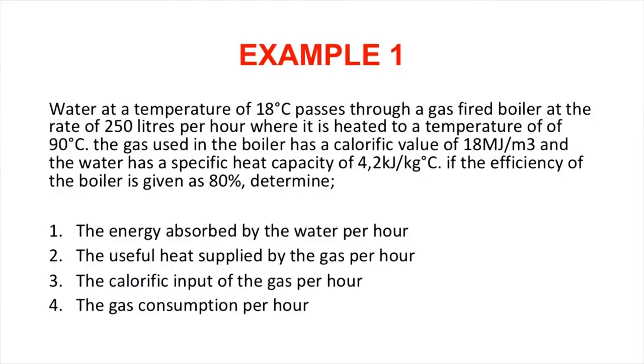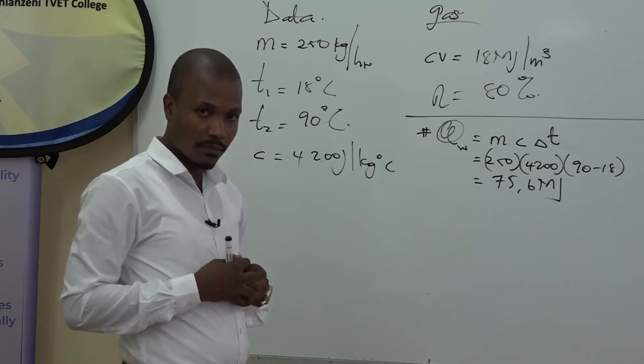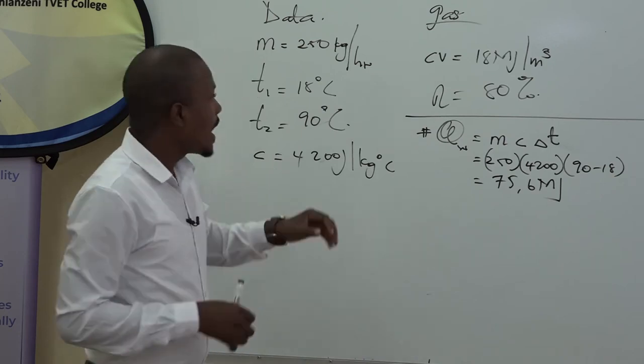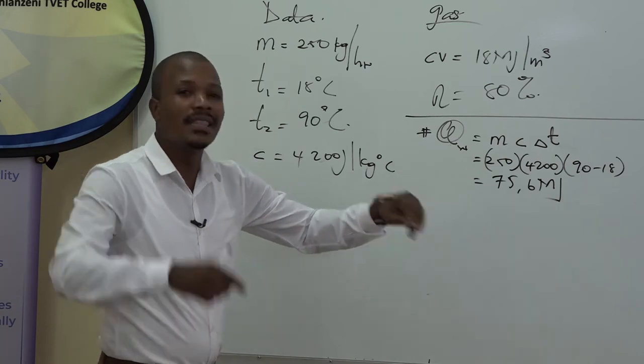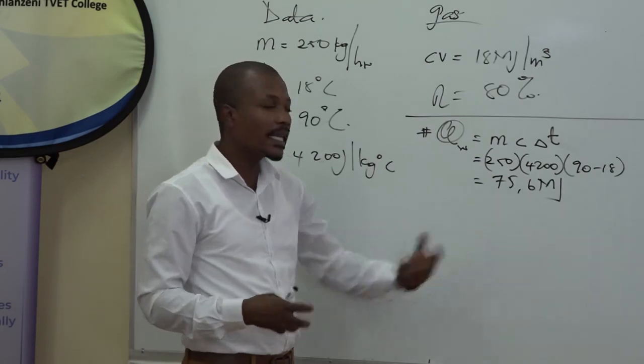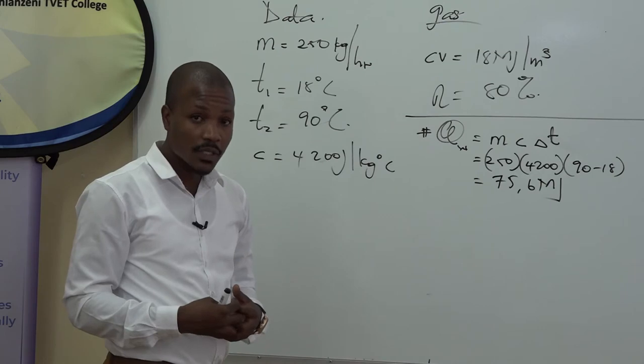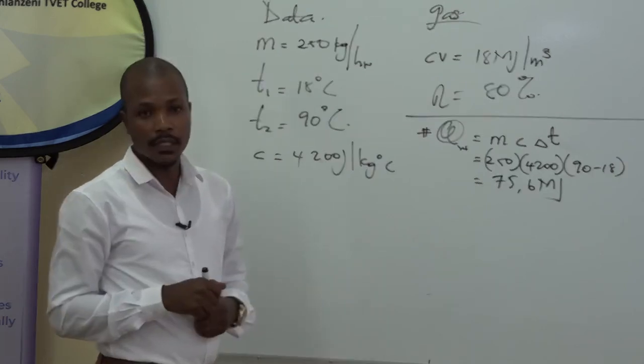Now the next question says the useful heat supplied by the gas. This is a very tricky question. Let me try and unpack it for you. If the gas produces 100% of heat and only 80% is absorbed by the water, and the first question says calculate the heat absorbed by the water, and we found that to be 75.6 megajoules, then what is the useful heat?